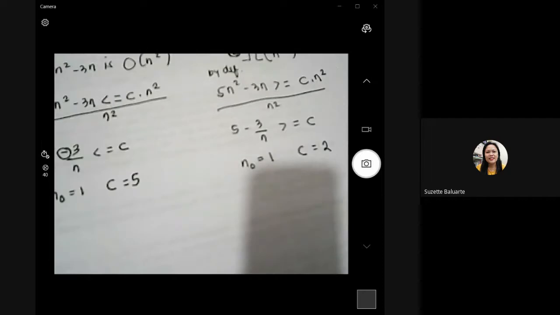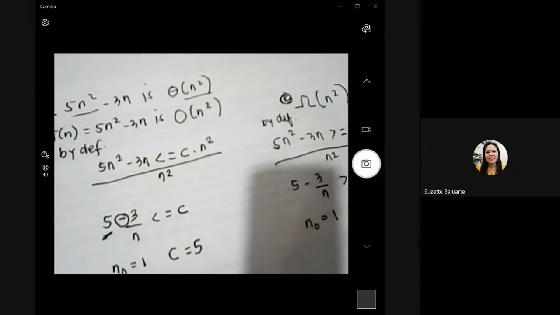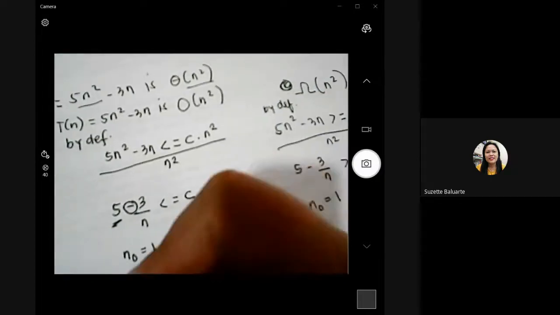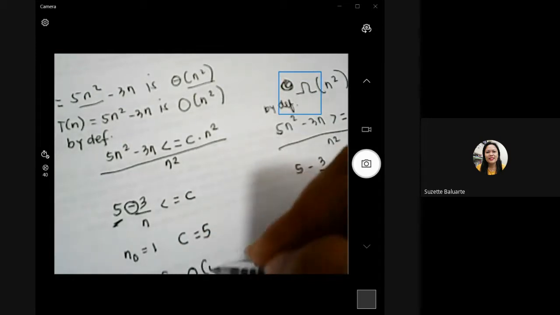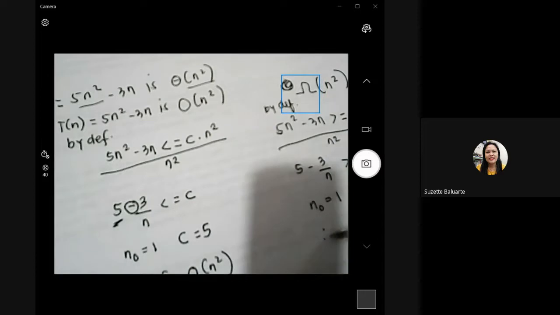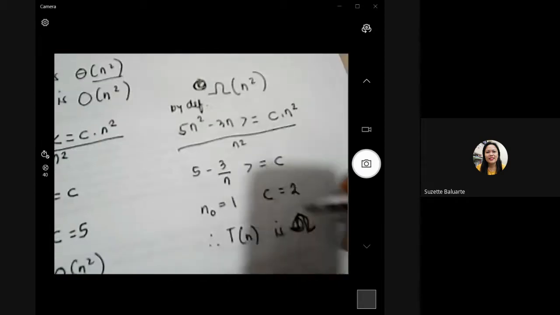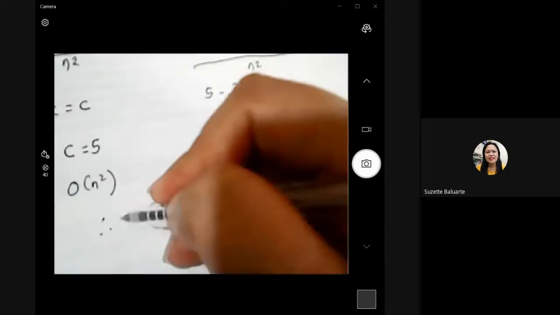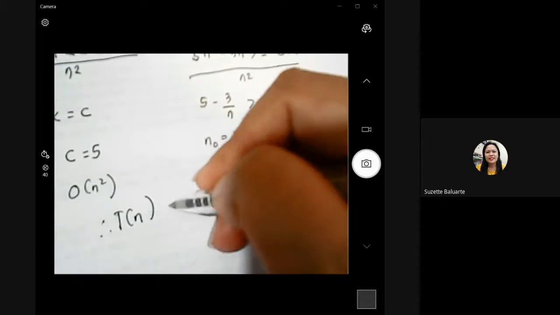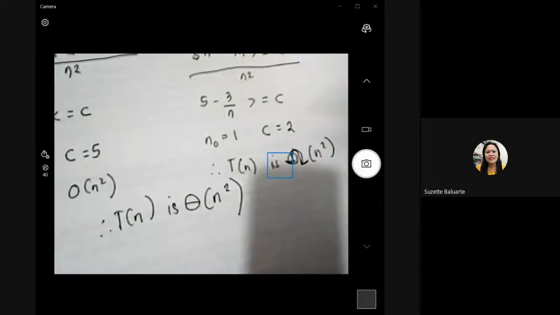So T of N is big O of N squared, T of N is big omega of N squared. Therefore, T of N is big theta of N squared.